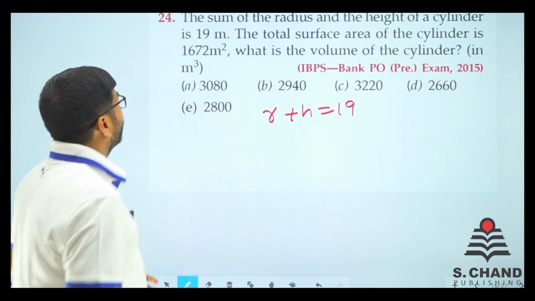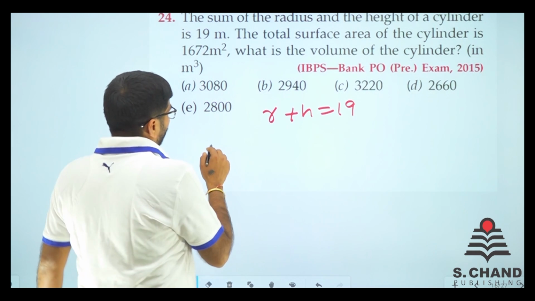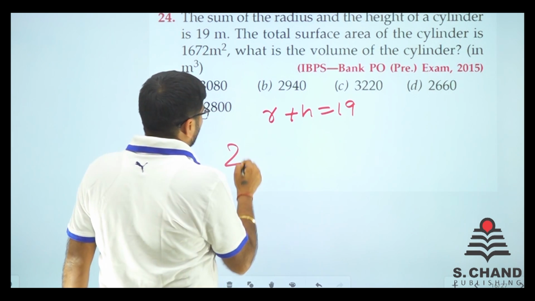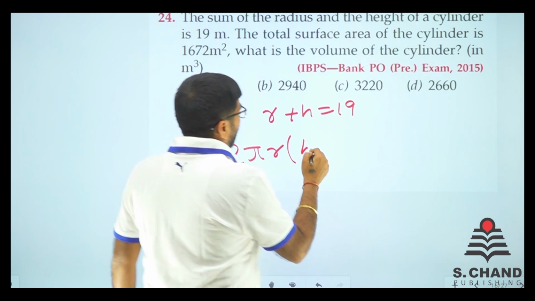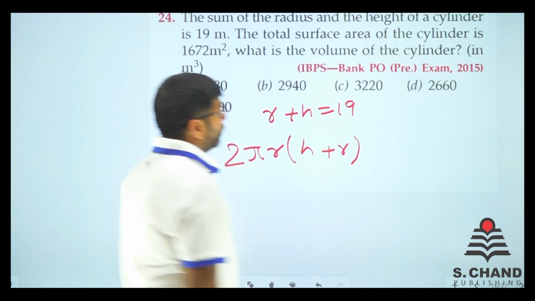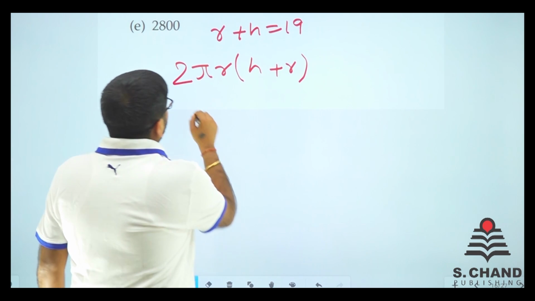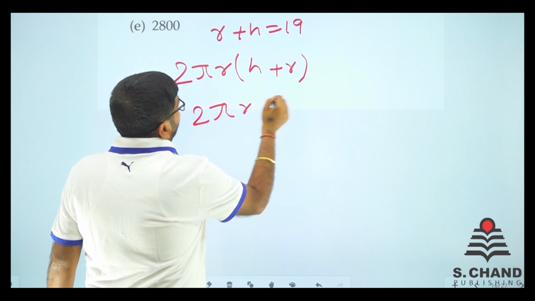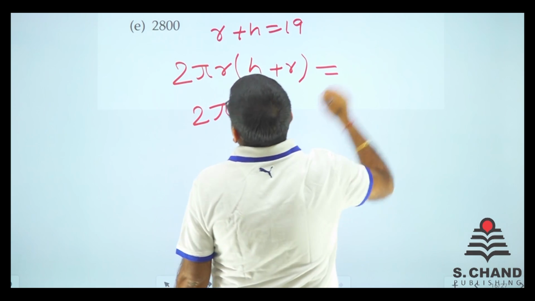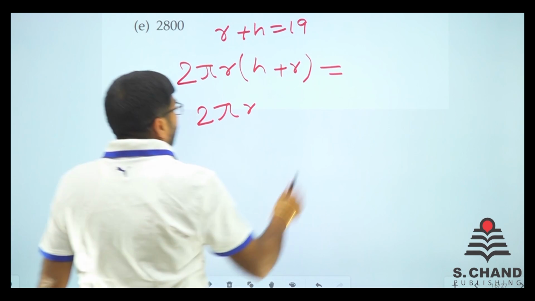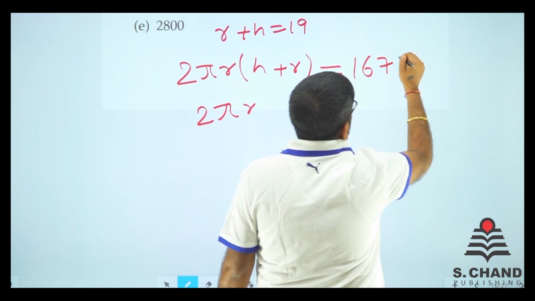First thing first, the total surface area of a cylinder is 2 pi r (r plus h). This is the total surface area, right? So it is like 2 pi r (r plus h) is equal to what is given. It is given 1672. So I write 1672.